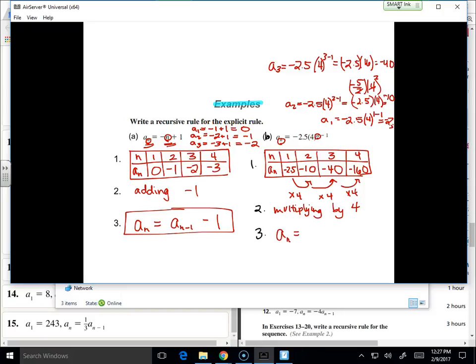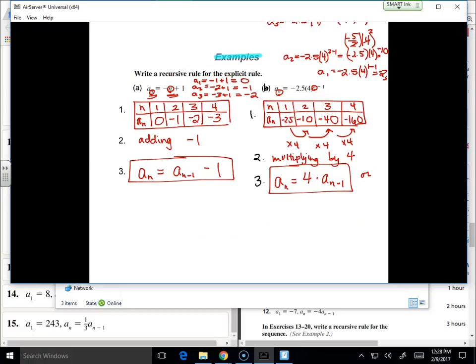You may talk as long as you're participating. To find the nth term, go ahead, Kiwi. It's 4 and a sub n minus 1. Is that valid and correct? I would say yes, but some of you are saying, can't we write it another way?